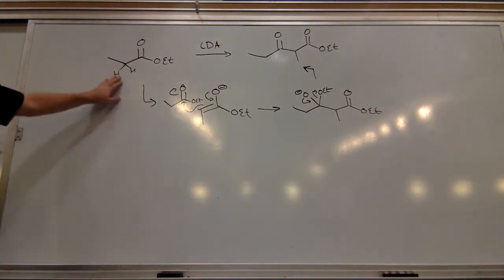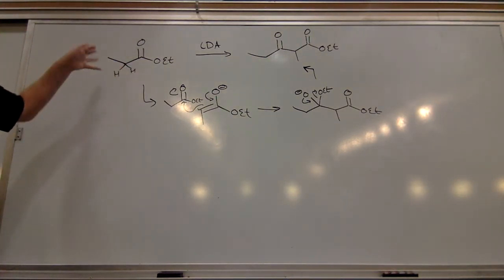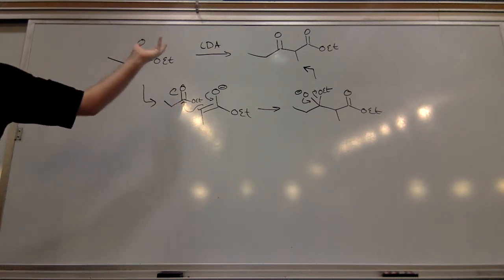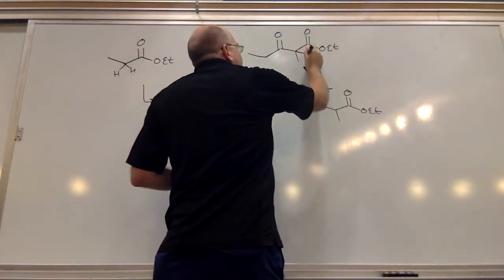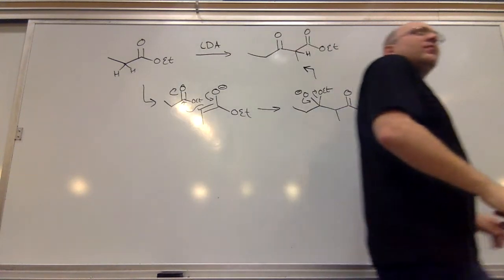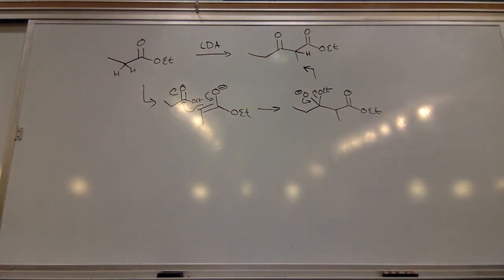we mentioned that the pKa of these protons is somewhere around the low 20s. What do you think about the pKa of this proton here? Pretty low. Yeah, I think 9 sounds about right. I was thinking 10, but yes, it's certainly substantially lower.